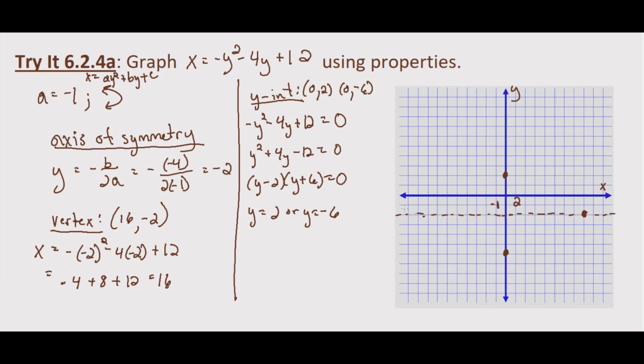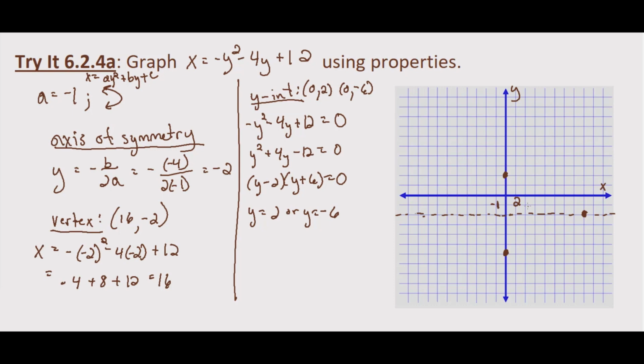That's why it can help to draw that axis of symmetry. I saw, wait a minute, this point is closer to the axis of symmetry than the other point on the other side of the axis of symmetry, which lets me see that I did something wrong, and then I can easily remedy it.